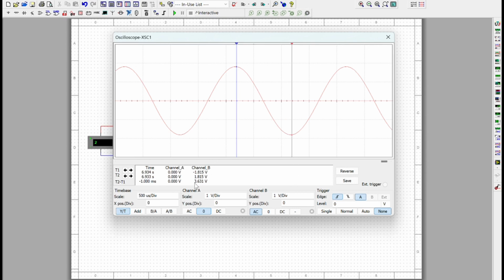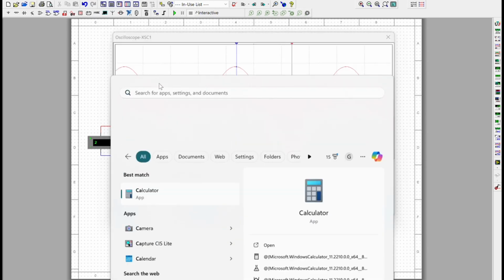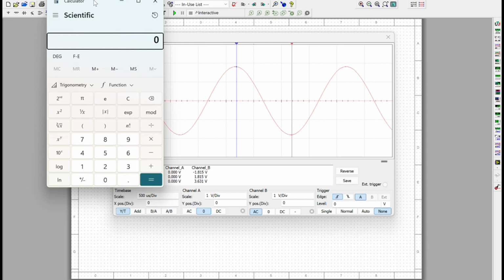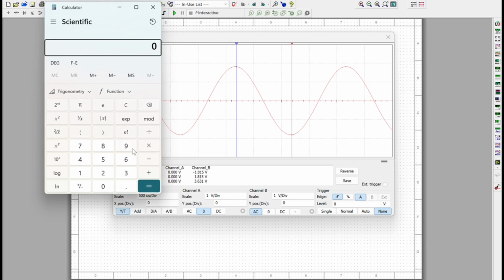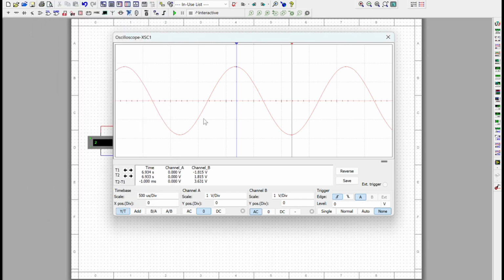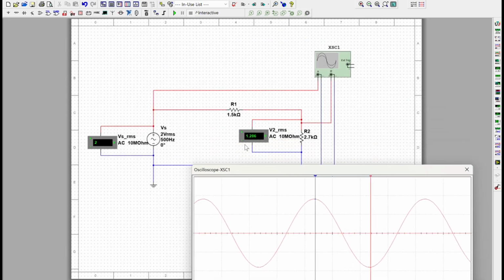2, and we get 3.631 volts. So that is our voltage peak to peak. And then if we take the calculator again, we can calculate the RMS voltage, which should match the voltmeters that we have here.